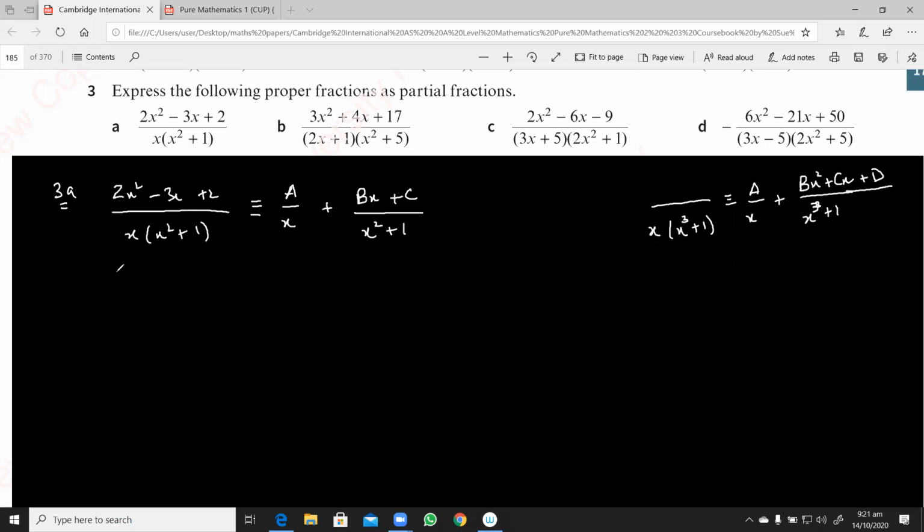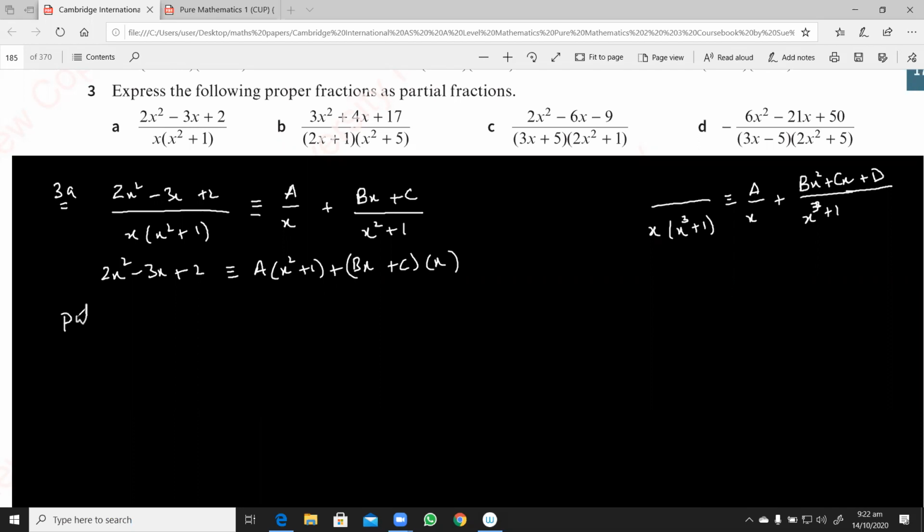Okay, so now this 2x square minus 3x plus 2, now I can skip that step where we were showing the process of taking LCM. We know that the denominators are going to be cancelled, so we are just going to write the numerators. So this is how a will have x square plus 1 with this, and bx plus c will have x with this, okay? So what should I put first of all, x as?